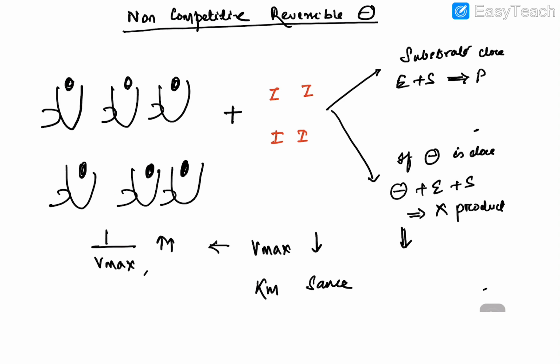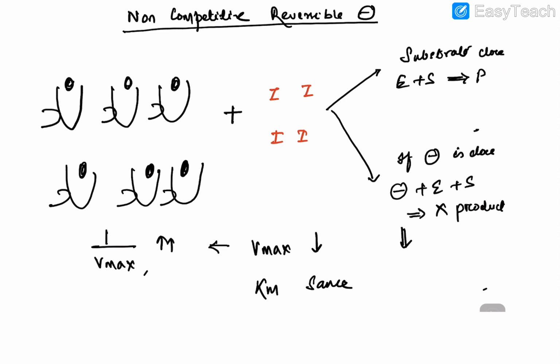So suppose we are adding substrate to such enzymes and then we add inhibitors to this particular reaction. There can be two types of situations which arise. If the substrate is close to the enzyme, then the enzyme substrate complex can form and we can have the formation of product.